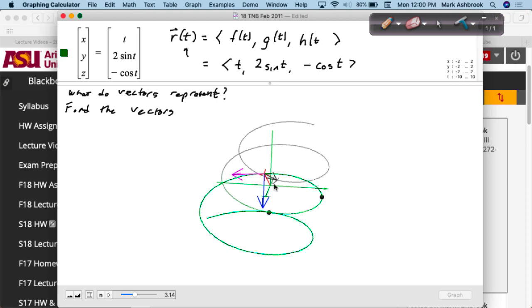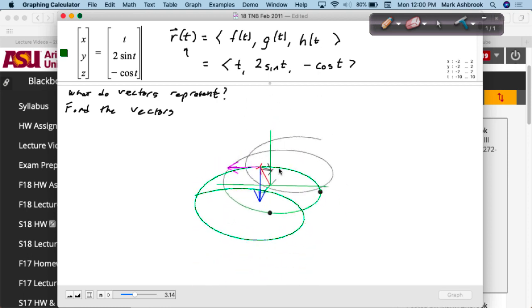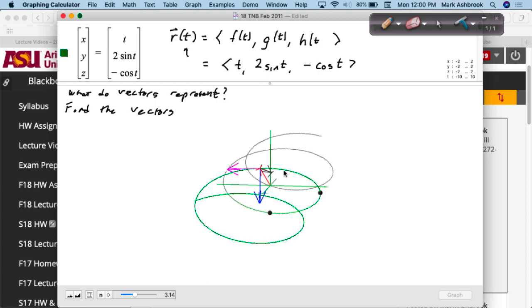So remember that the unit normal points in the direction of turning. So when we're at the top, which way are we turning? If you're driving a car along this, which way are you turning when you're at the top? It's kind of hard in 3D, so the car kind of breaks down in 3D.